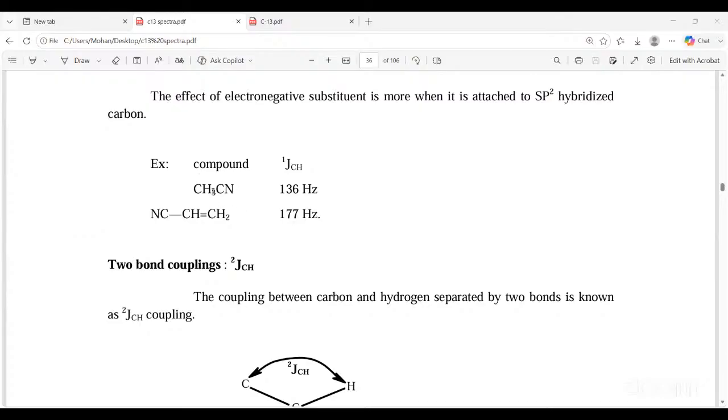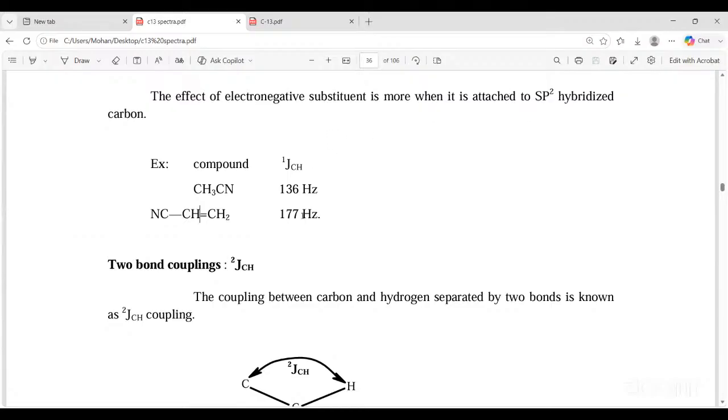In a simple alkane, CH3CN, methyl nitrile, the value is 136 Hz, where the nitrile group is attached to the sp3 hybridized carbon. When it is attached to the sp2 hybridized ethylene molecule, the value increases to 177 Hz.